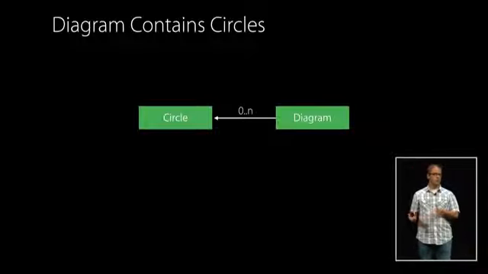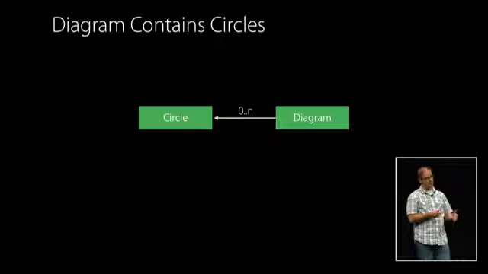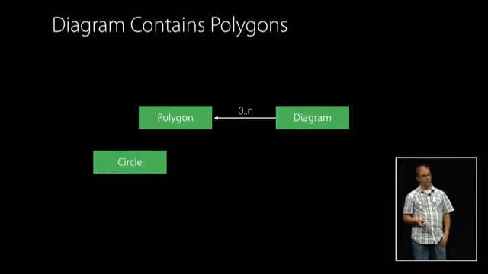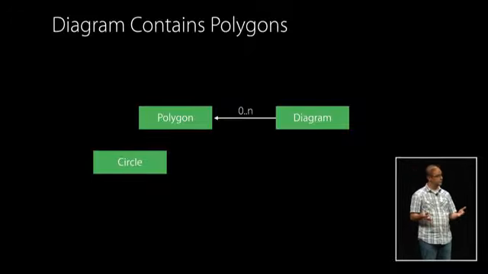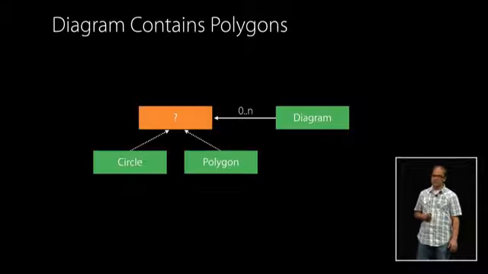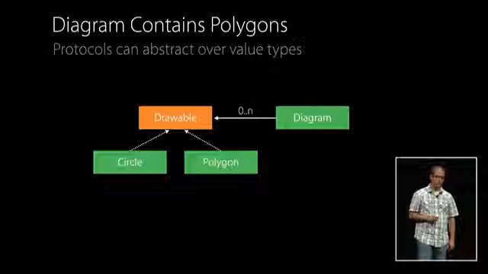Now what we want to do is put these types into our diagram, both polygons and circles. Making an array of circles is straightforward. Making an array of polygons is straightforward. We could make an array of either type, but what we need is one array that contains both. The mechanism to do that in Swift is with a protocol.